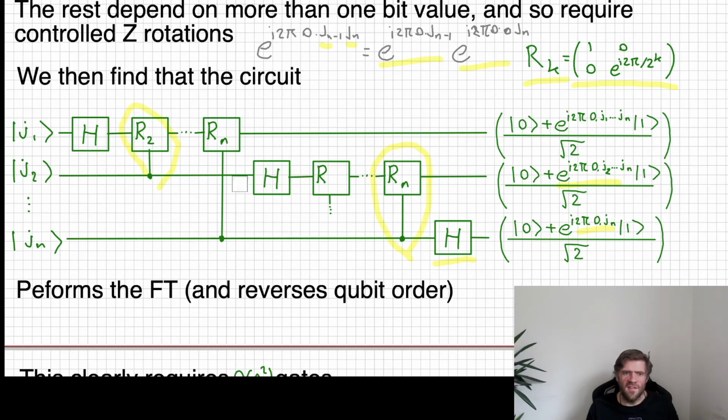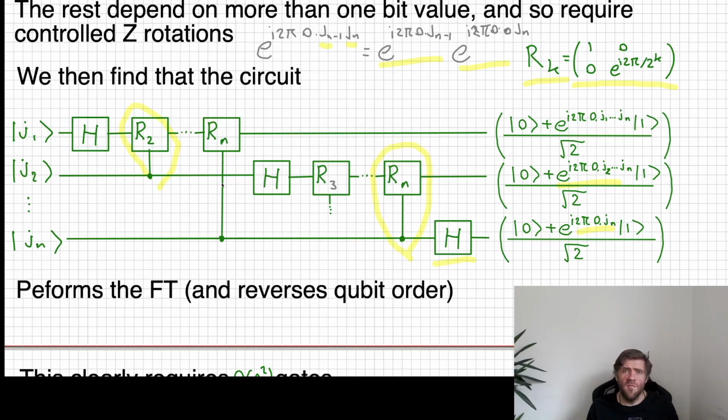However, this is qubit 2, so really this should be, for example, R3 in there. And so then we would have also a controlled R4, which is controlled on qubit 4, controlled R5, which is controlled on qubit 5, all the way down to Rn. This one uses a Hadamard to do the phase from bit 1, and then uses the controlled R2 to do the phase from bit 2, and so on and so forth.